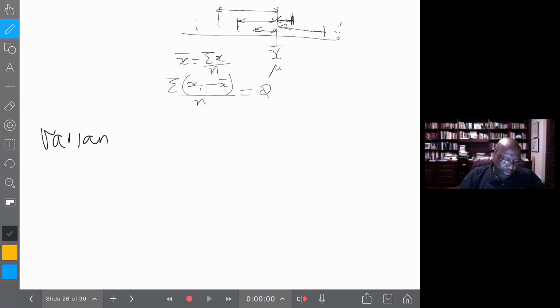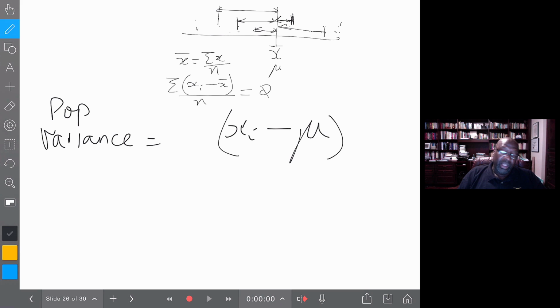The variance will be the following. We'll say, let's take all of our values, xi, and we will subtract from it the population mean. And I'm going to start off with population variance. We will subtract it, but remember we said if we just added those distances, they will give us 0.